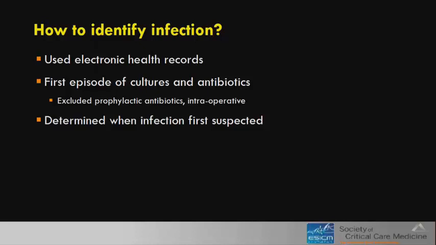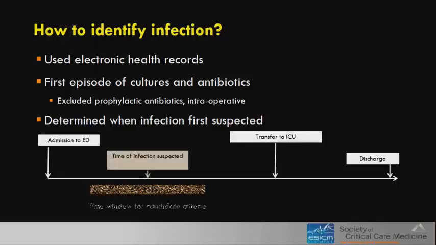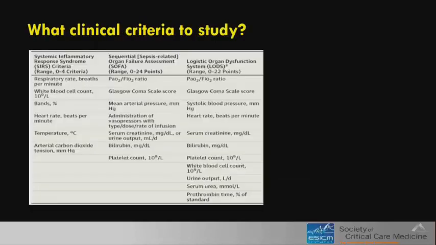So we used these electronic health records, and we tried to determine the first episode of cultures and antibiotic therapy to determine when infection was first suspected, and then when the criteria could be applied at the time when the clinicians were seeing the patient for the first time, and so that we were able to look at an interval or an area when this evaluation would be taking place, and we would be able to assess what criteria were present or useful at that time that would allow us to define that there was organ dysfunction, and that would allow us to go further and define whether such organ dysfunction was actually able to predict mortality or prolonged time in ICU.